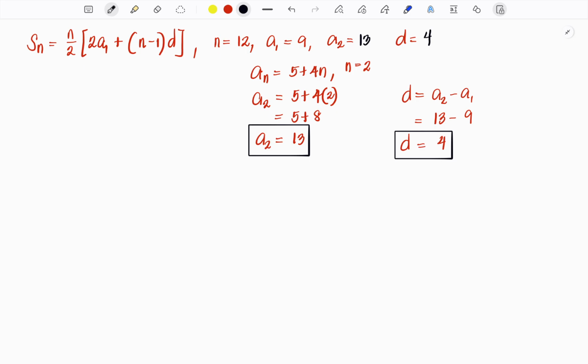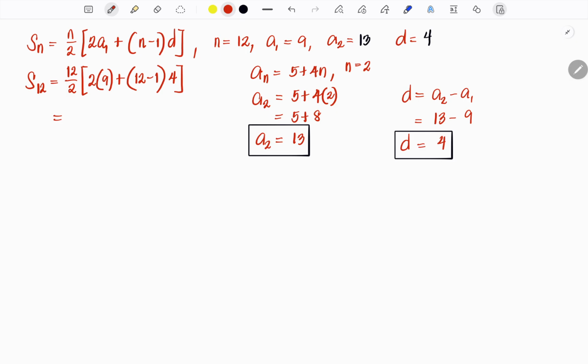And substituting these values to the formula, we have S sub 12 equals 12 over 2 times the quantity 2 times a sub 1, which is equal to 9, plus the quantity n minus 1, where n is equal to 12, and then minus 1. And our common difference is 4.